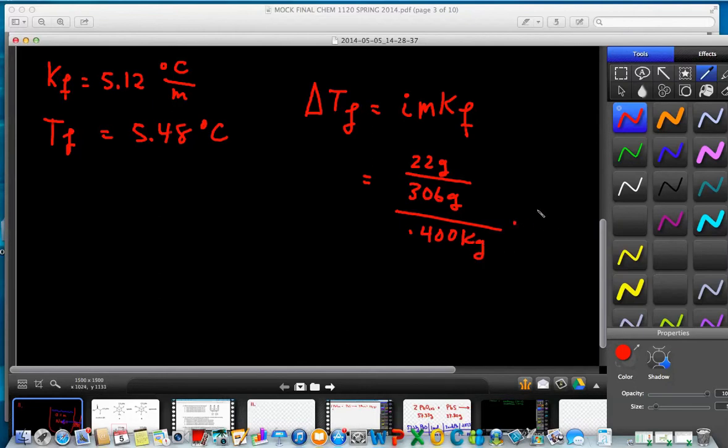And we're going to multiply this by 5.12. So this will tell us how much the freezing temperature is going to be lowered. And it's going to be lowered by 0.92 degrees Celsius. So we'll simply subtract that from 5.48.